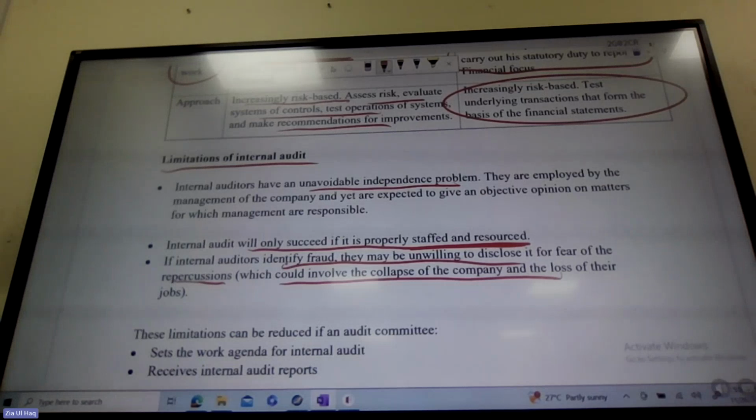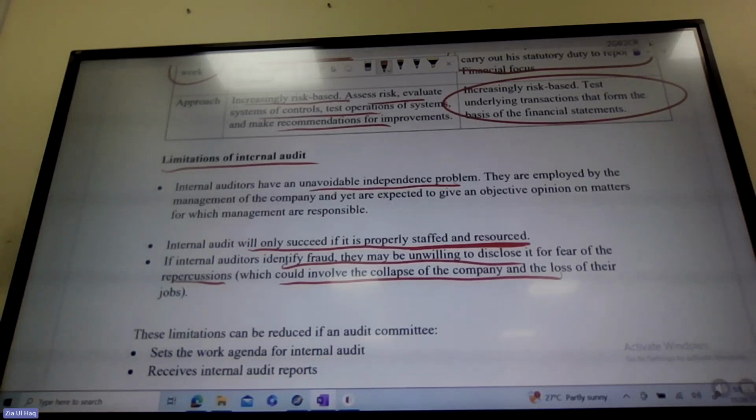Because if he highlights it, the management person involved in the fraud might take action against him, he might be dismissed from his job. So to save his job, he sometimes hesitates to highlight frauds involving management. This is the issue because he is working under management.